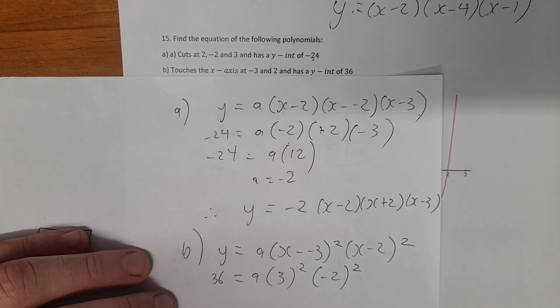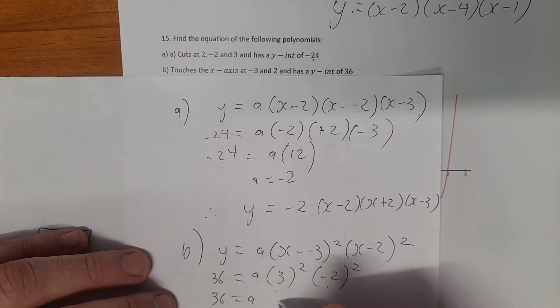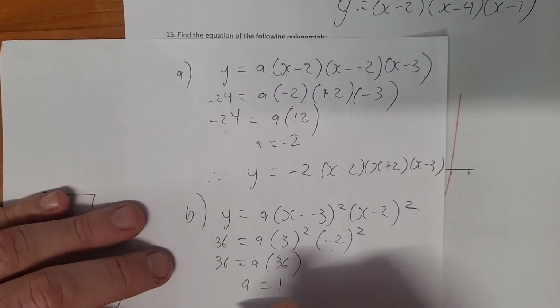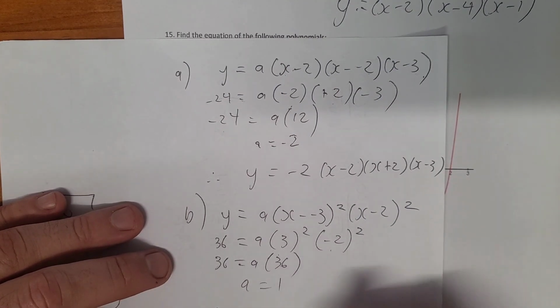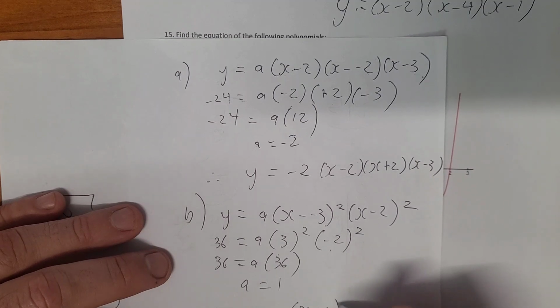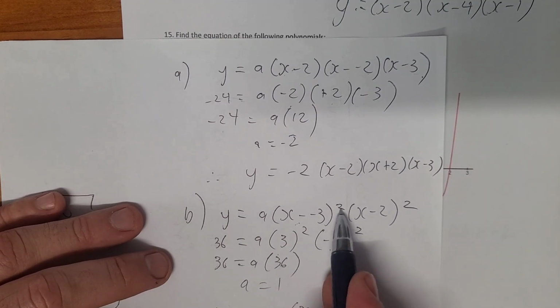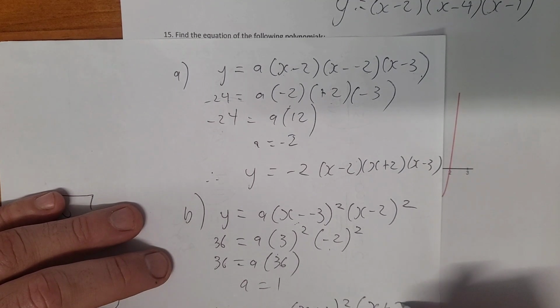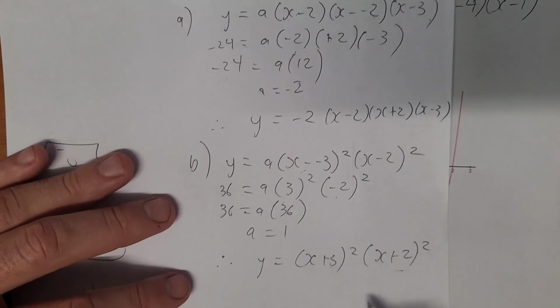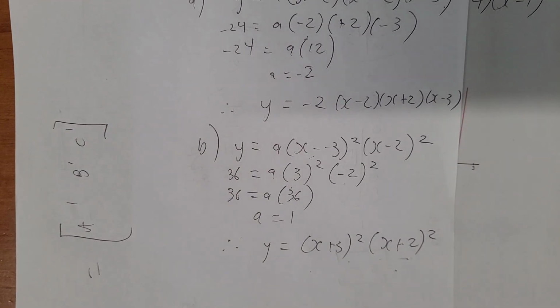So this is going to become 9 times 4, which is 36. And so we'd have a is 1. So the equation of this polynomial will be a quartic, because we have a quadratic factor times another quadratic factor.